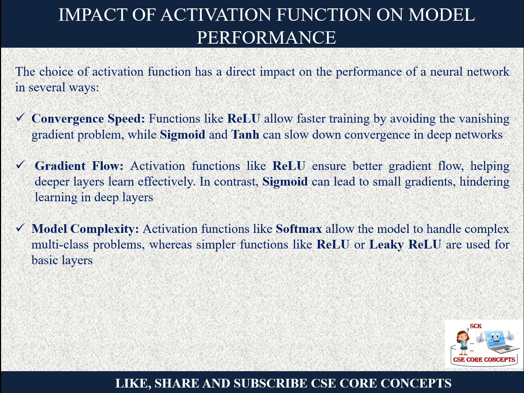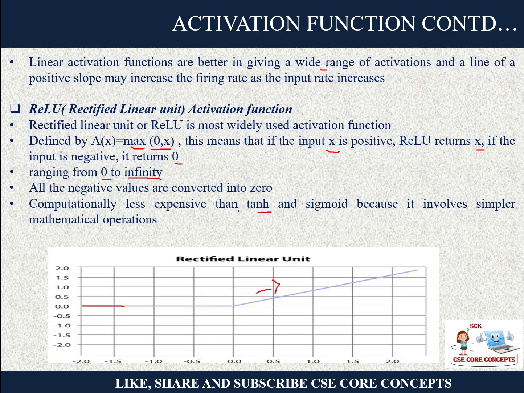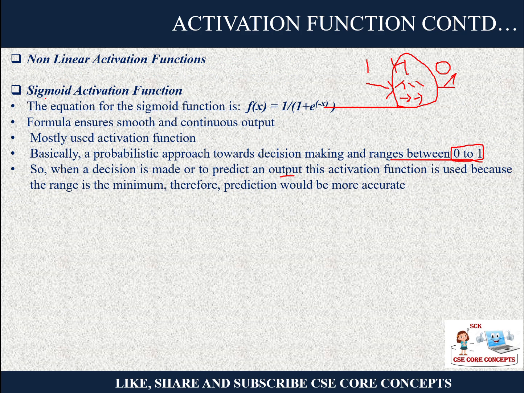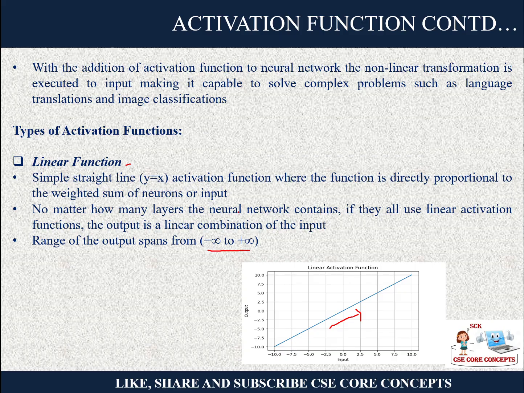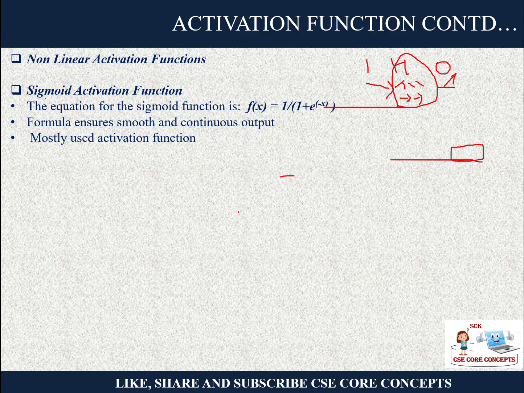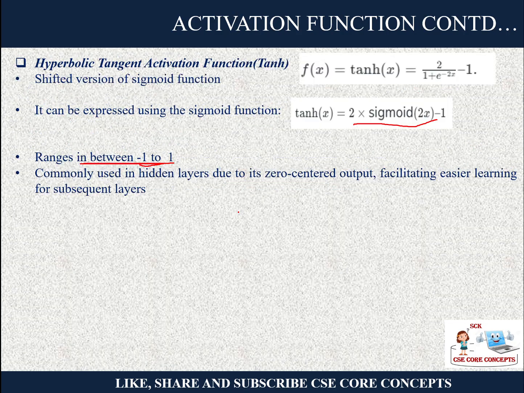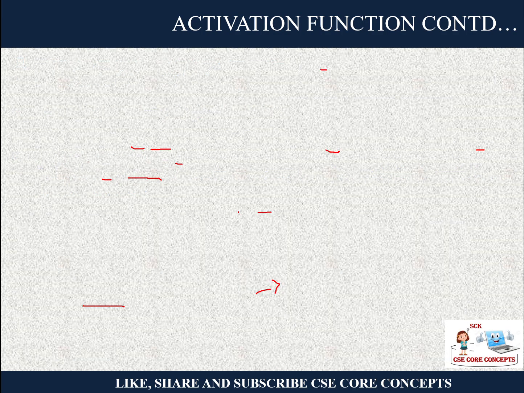First of all, the choice is very, very important. We have seen so many types of activation. One category was the linear function, which acts as a regression model. Another was non-linear: sigmoid is a type of non-linear function, and hyperbolic tangent is a non-linear function.